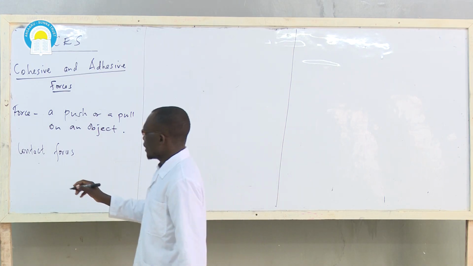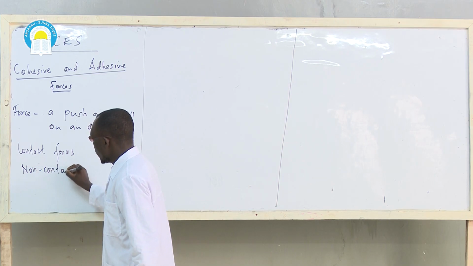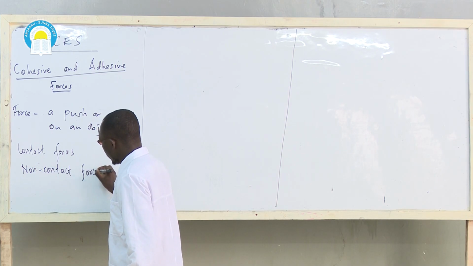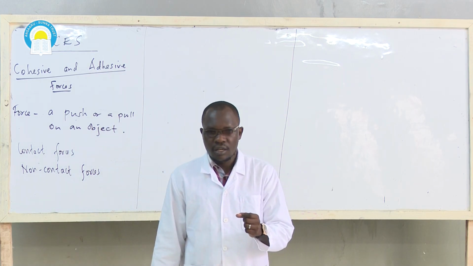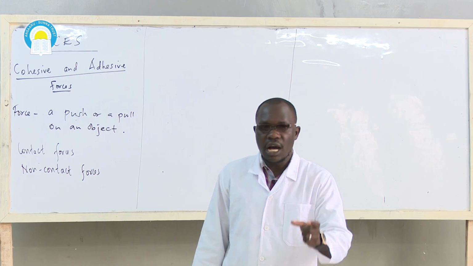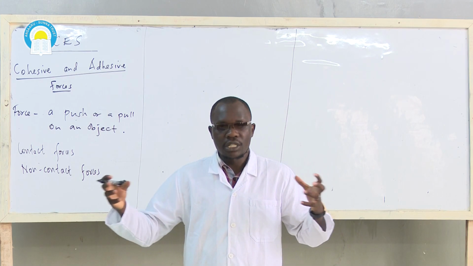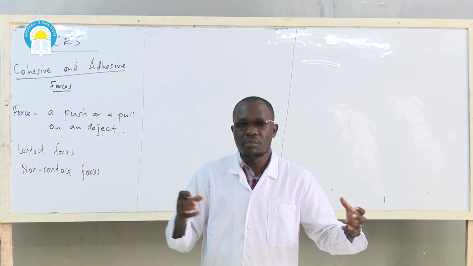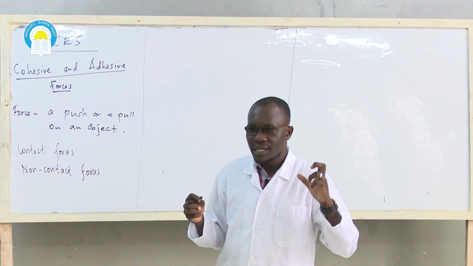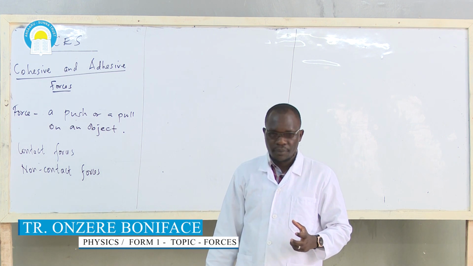Then we learned about the second category, we call them non-contact forces. Which forces are these? These are forces which act when bodies are not in contact. A force acting between bodies which are not in contact. Pushes and pulls within bodies which are not in contact. We gave examples of non-contact forces.